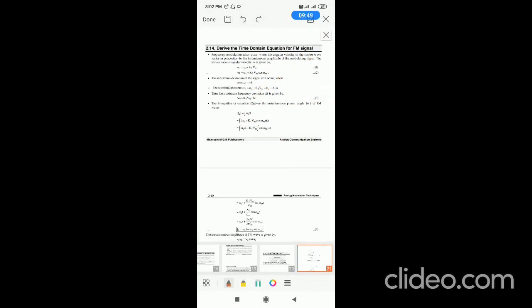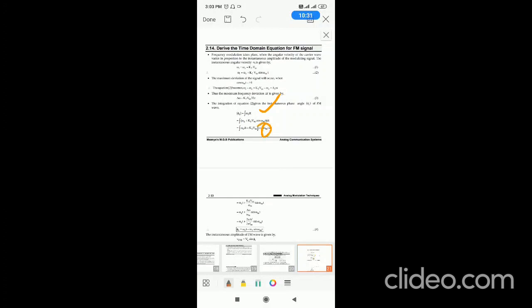Then you substitute omega c plus kf Vm cos omega m t for omega i, with dt: omega c into dt plus kf Vm cos omega m t dt. Integrating with respect to t, we get omega c into t, and the integration of cos gives sine. Since we are integrating with respect to time, you need to divide by omega m, because omega m is the multiplier of t.